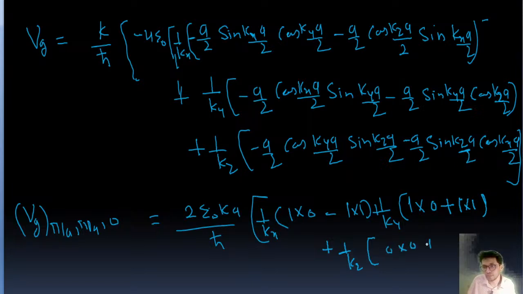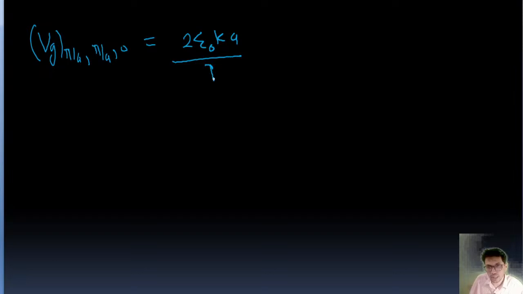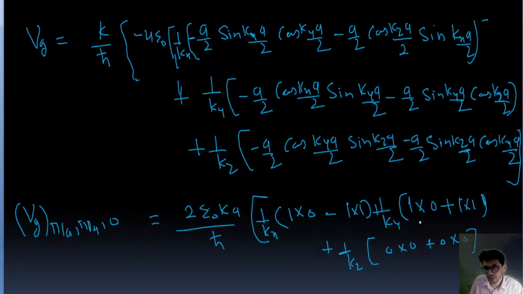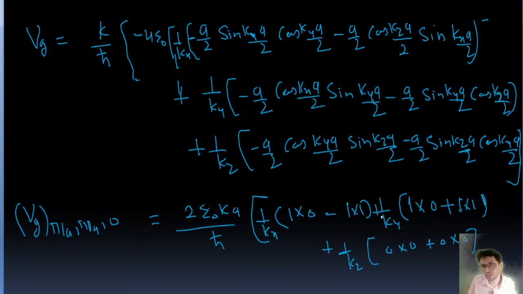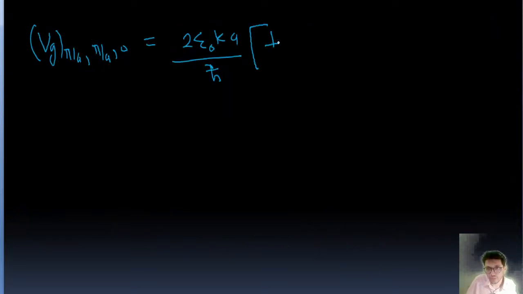Plus 1 upon kz, this value is going to be 0 into 0 plus 0 into 0, because if you put this kz value, there is a kz sin 0, 0. So this velocity Vg at (π/a, π/a, 0) is going to be 2ε0 ka upon h-cut, and this is 0, this is 1, 1 into 1, so this is going to be 1 upon kx plus 1 upon ky plus 0.